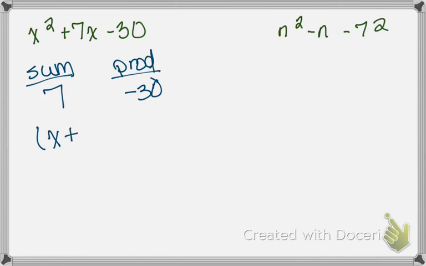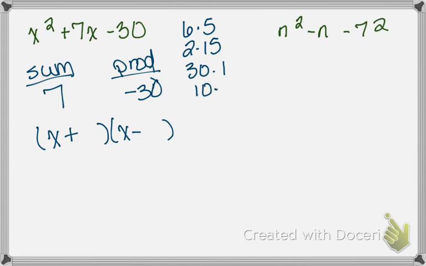I could say x plus some number and x minus some number. Now, this is where the guess and check comes in. What I do is I start writing down factors of 30. So I would say 6 times 5, 2 times 15, 30 times 1, 10 times 3. That's the guess and check.